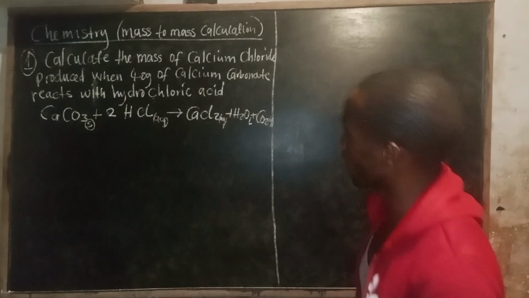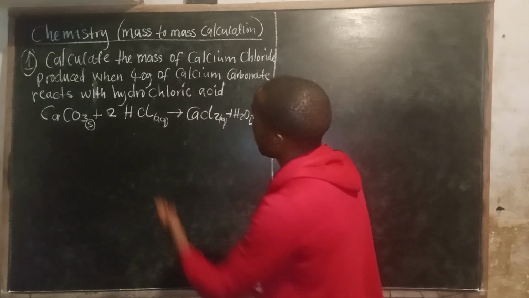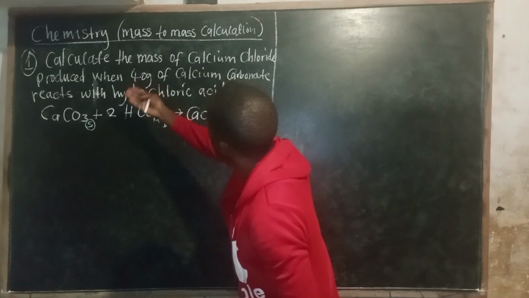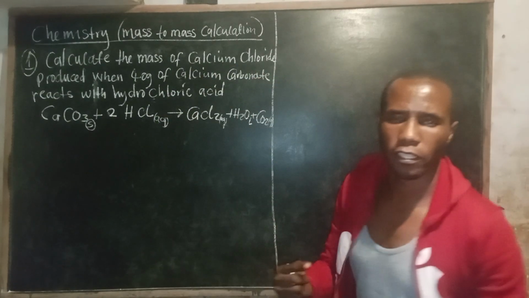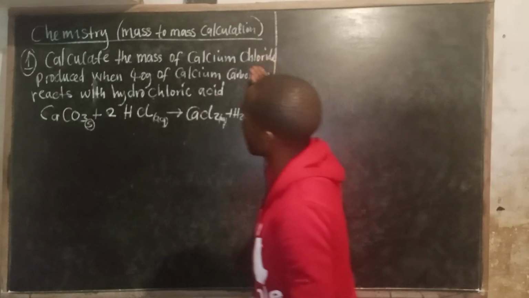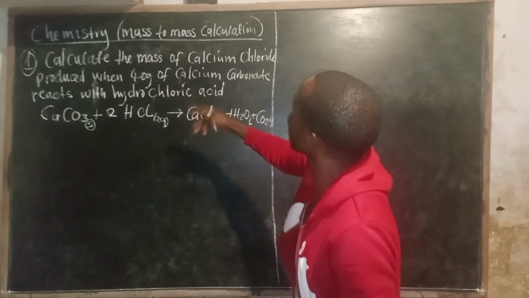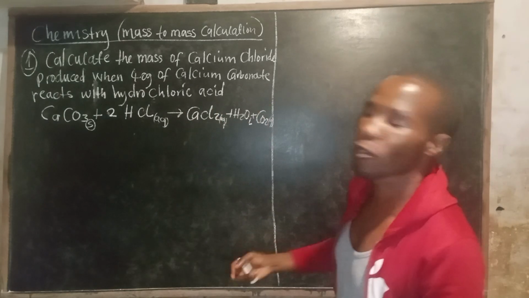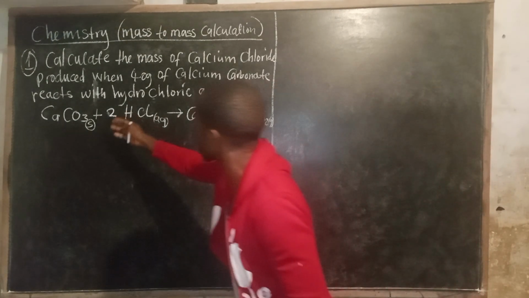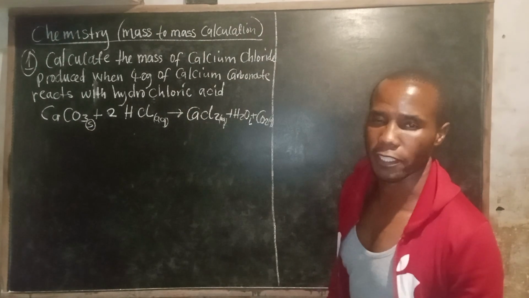That is the first point, very, very important. So they are telling us to calculate the mass of calcium chloride produced when 40 grams of calcium carbonate reacts with the hydrochloric acid.